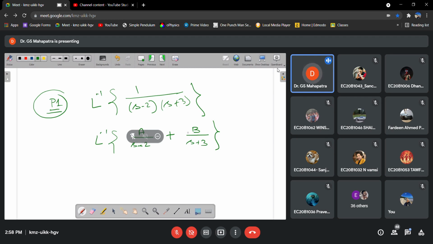Then write 1 by (s minus 2). Do you know the Laplace transform of 1 by (s minus 2)? What is the answer? You know that e to the power.